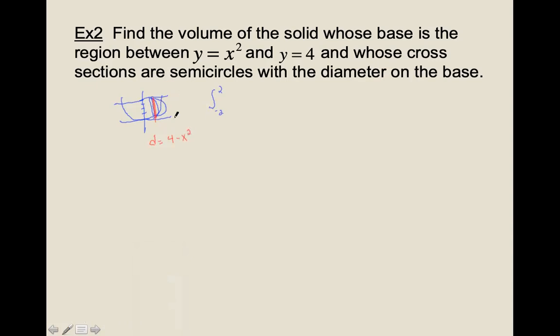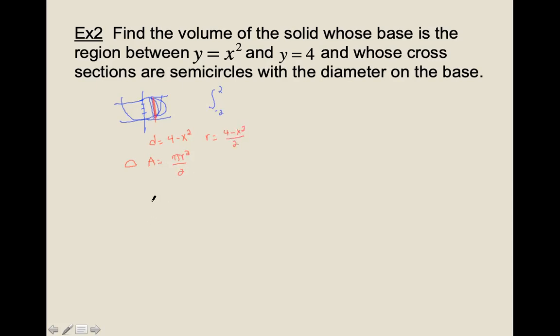So that means one of these semicircles has an area equal to pi times the radius squared divided by 2. Well, if my diameter is 4 minus x squared, my radius is going to be half of that, or 4 minus x squared divided by 2.